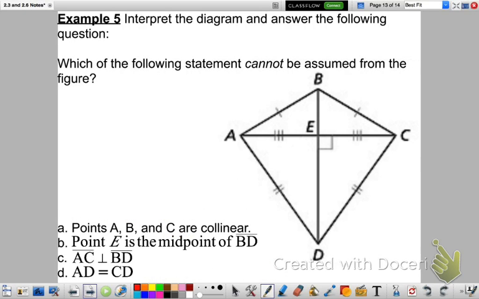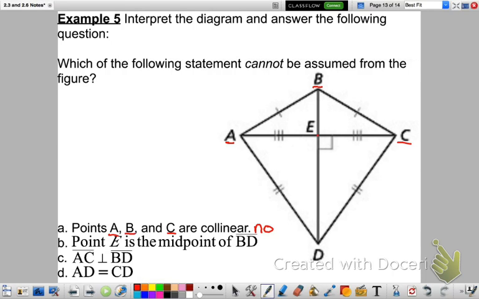Next, we just want to know yes or no, can we assume this? A, B, C are collinear. Collinear means on the same line. Is there one line running through all three? No, so no, we cannot assume it.